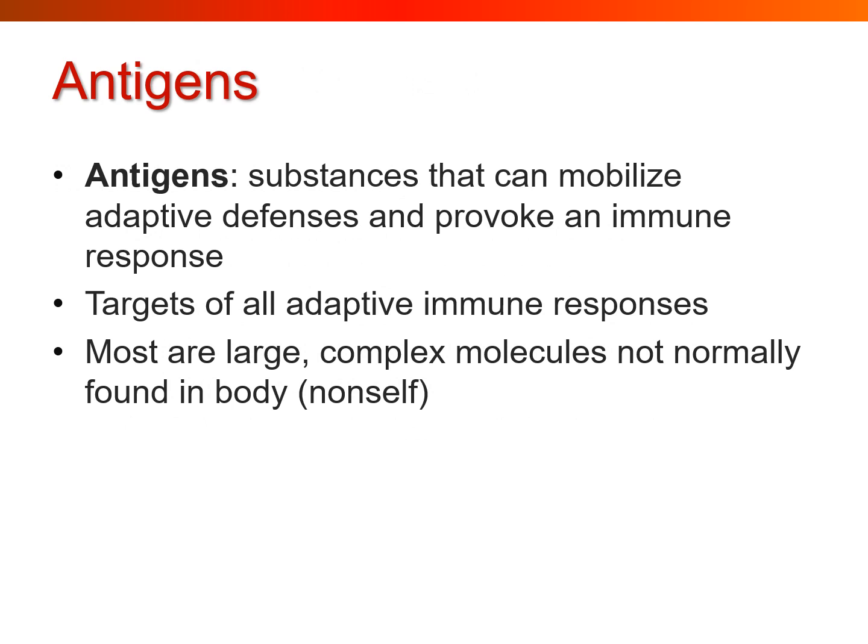Now, there's a lot of talk about antigens in the immune system. And we talk about antigens in terms of being substances, molecules found on the surfaces of cells or pathogens that the adaptive immune cells can recognize and that can trigger those cells to mobilize and launch an immune response.